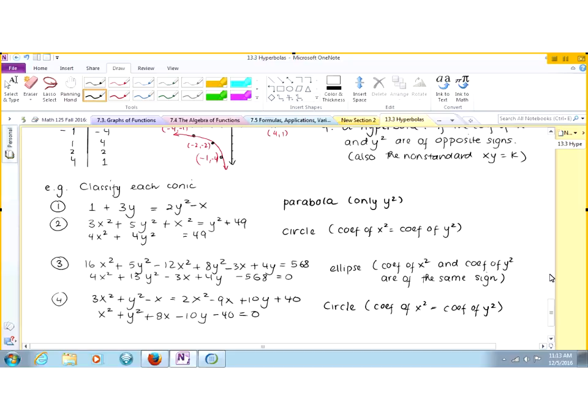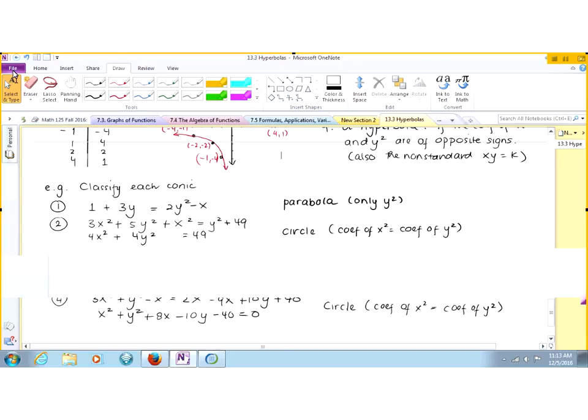Yes, good. So now I'm done with 13.3. What did we do in 13.3? Hyperbola, classifying conics, and one more? The non-standard ones, yes. The one with the x and y axes as asymptotes. So, is it doable?